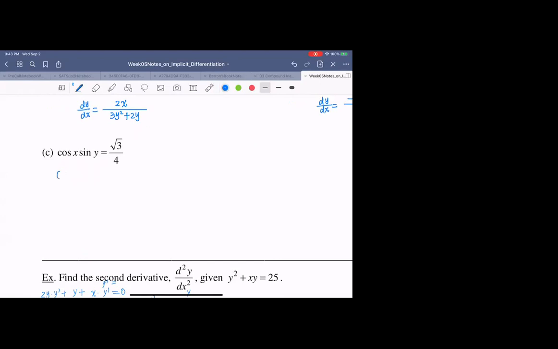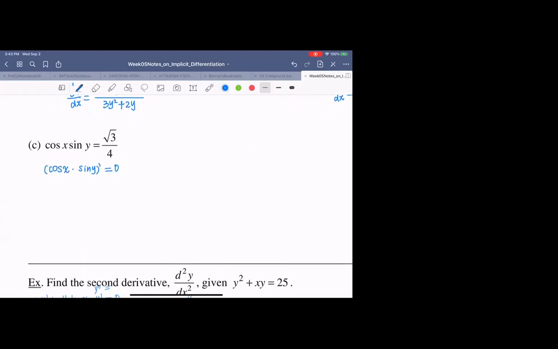If this makes you feel a little bit confused, you can write it like this, okay? You can first write this.